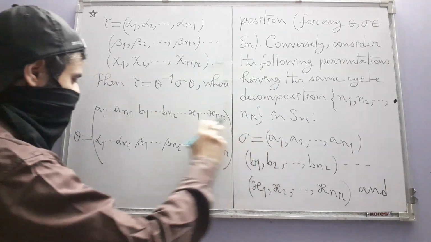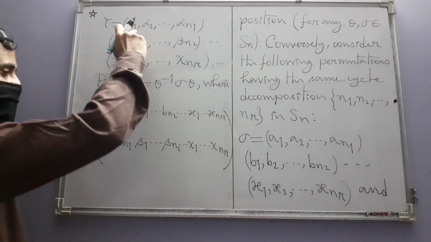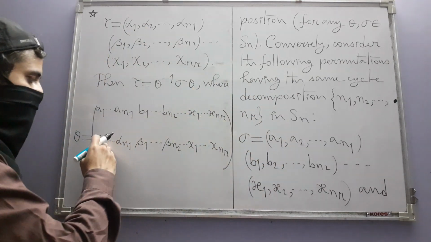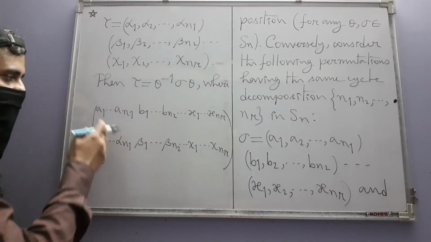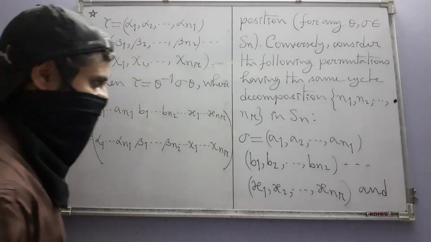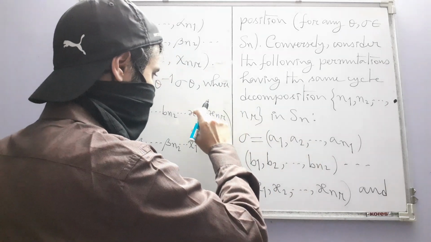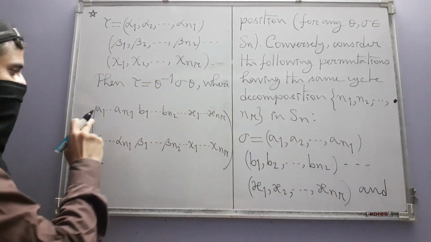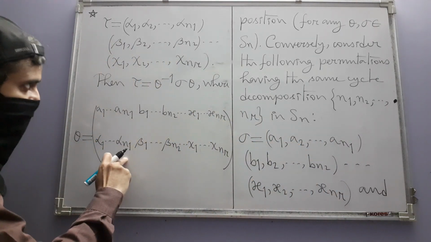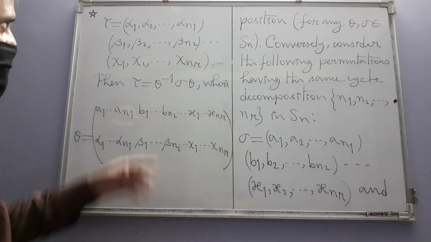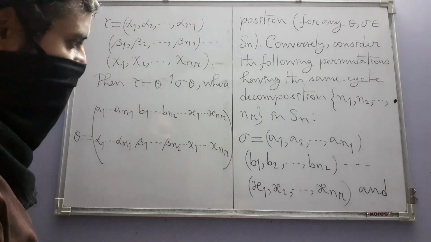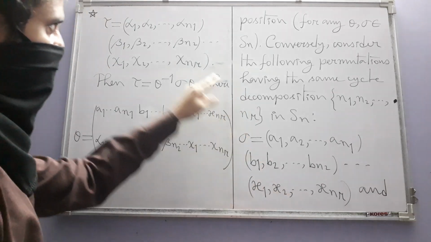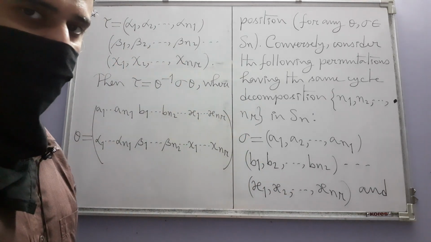So A1 will be replaced with alpha 1, A2 will be replaced with alpha 2, and so on, and AN1 will be replaced with alpha N1. So that will give you this cycle of tau, and similarly from the other cycles you will get the other cycles of tau.